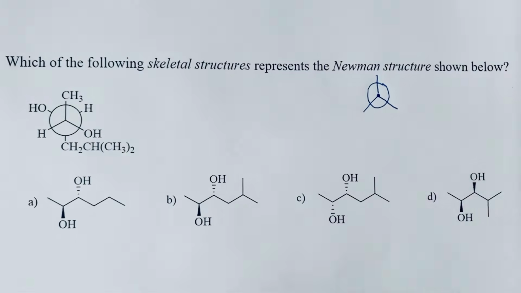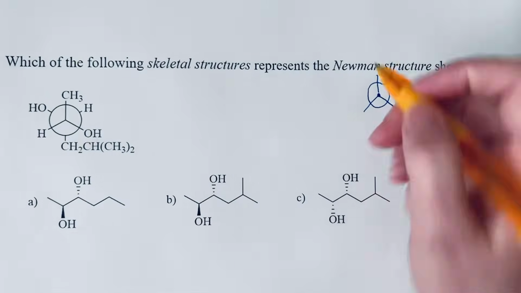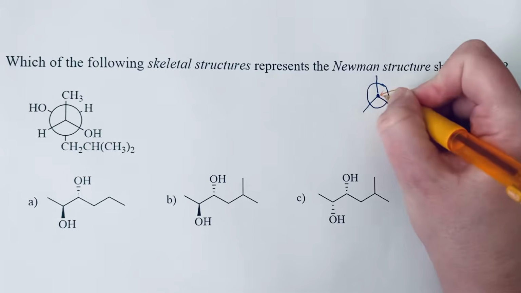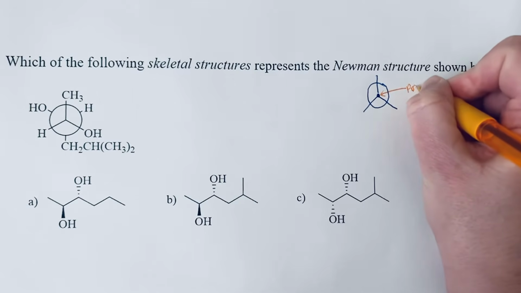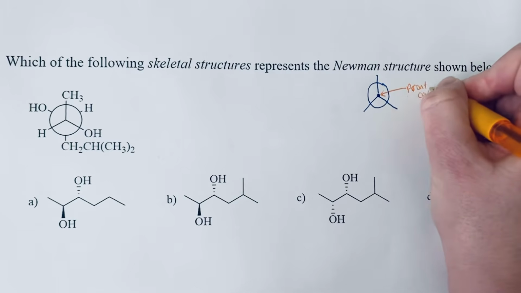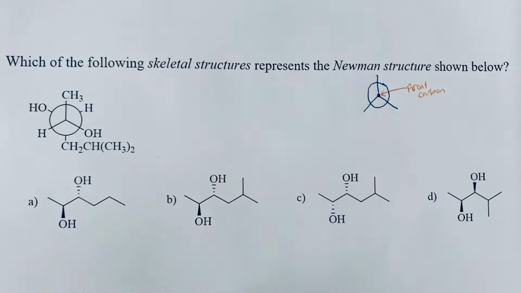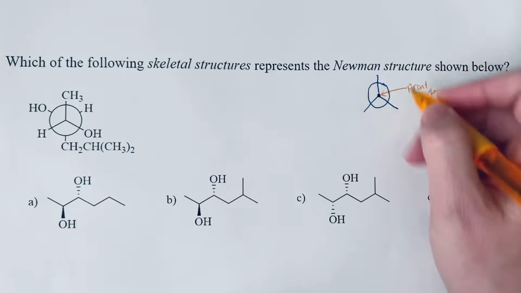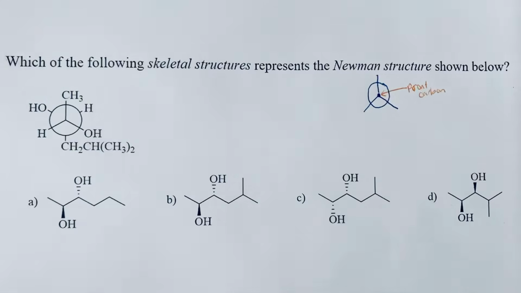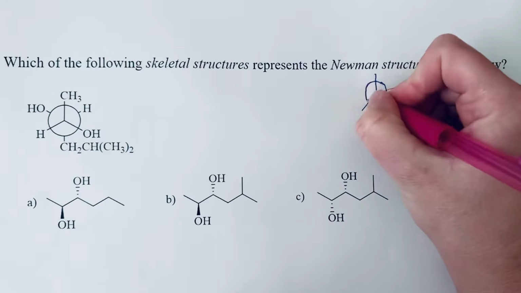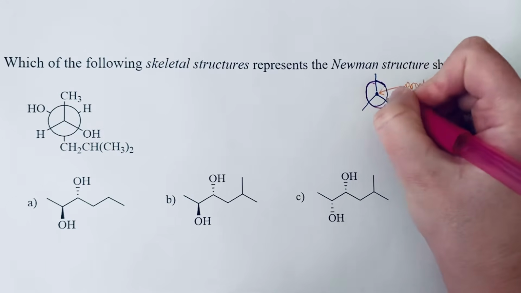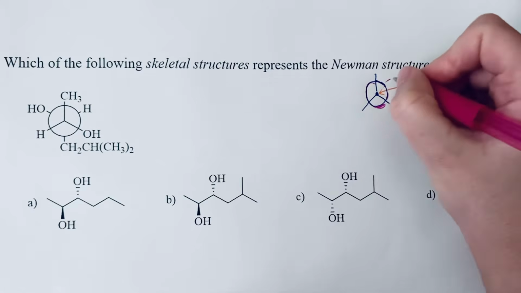So this is my front carbon atom, that dot. That is the front carbon, and that would be completely eclipsing the back carbon. So the circle is meant to represent that back carbon.